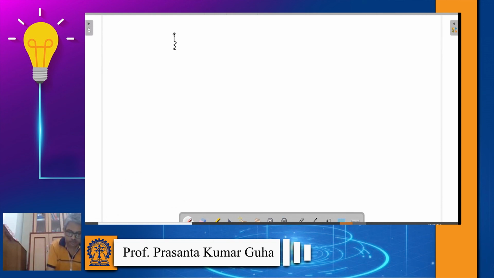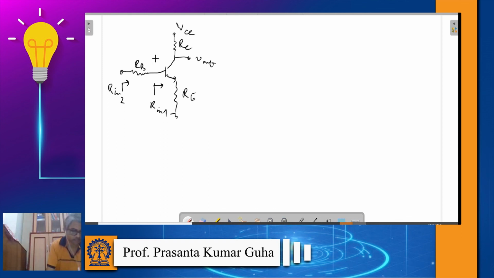Input impedance of this circuit again can be easily found out, because we have already done the calculation. You see, this is say R in 1, this is say R in 2, and this is your RB.